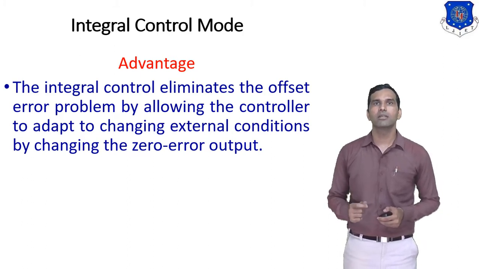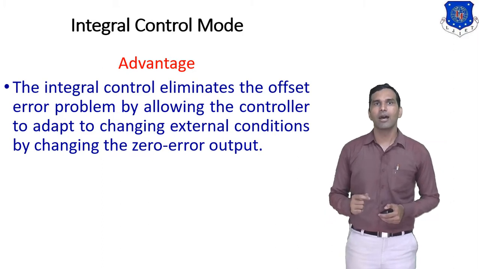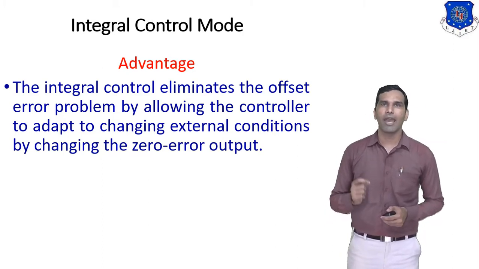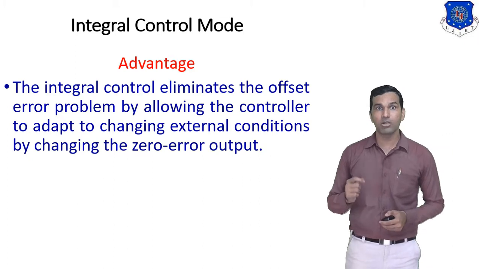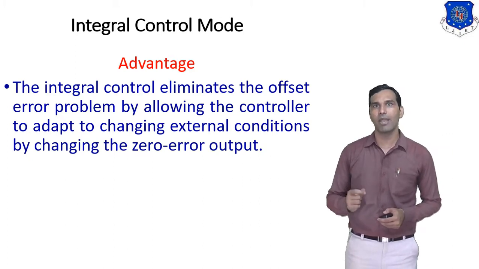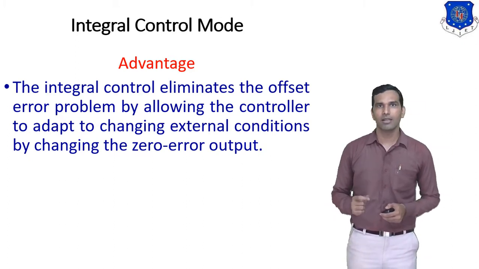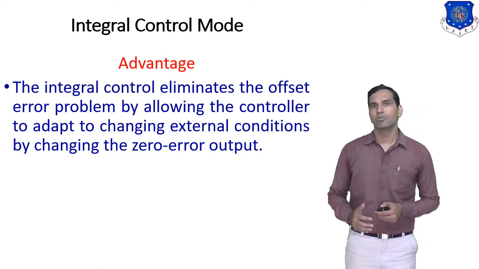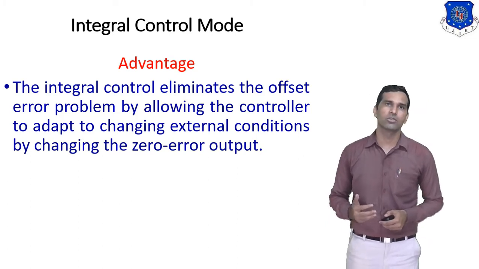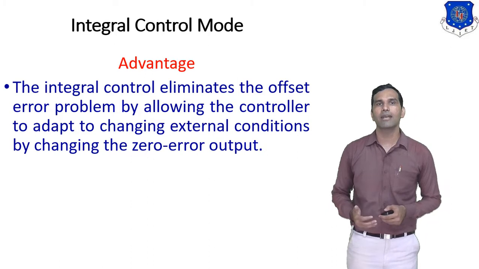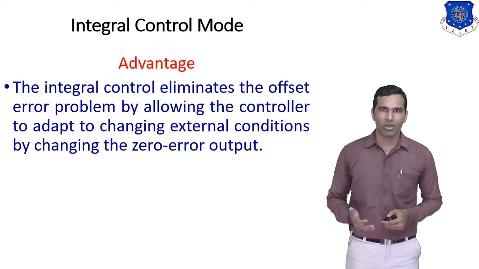That means we know in the proportional control mode, offset error is a big threat. So here we use the integral action, so we can eliminate the offset error.